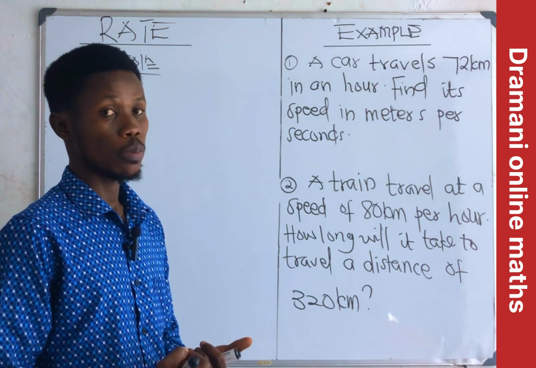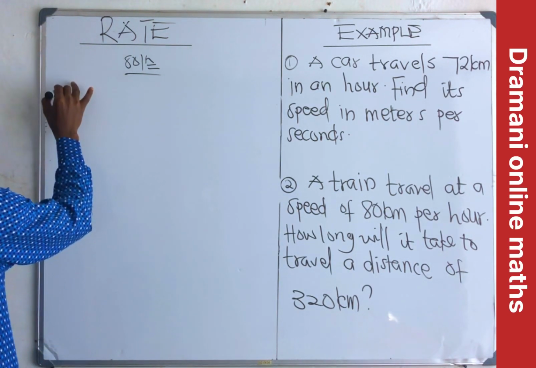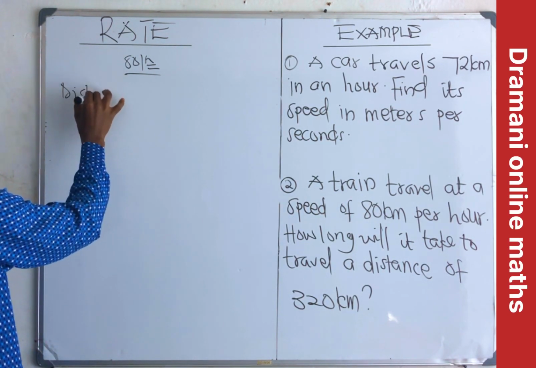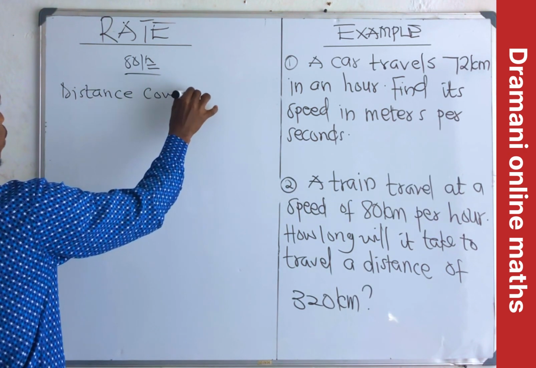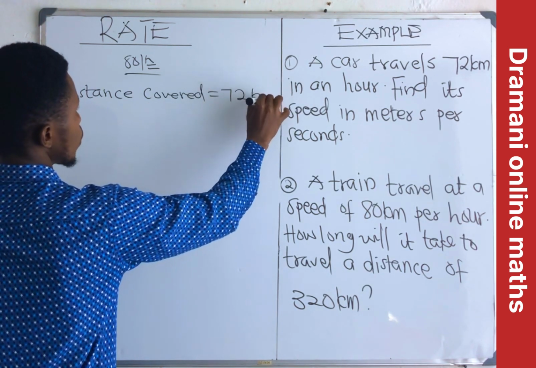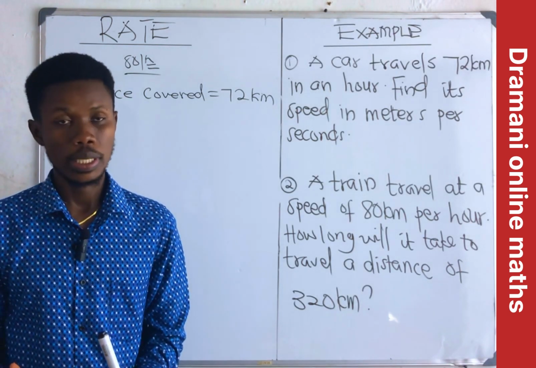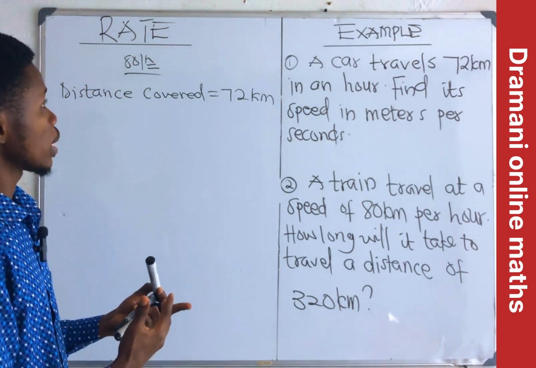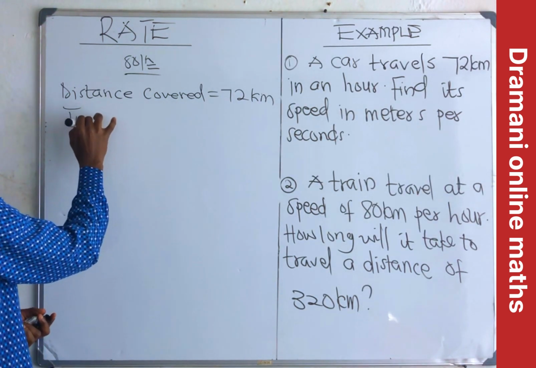So let's put down the data. The distance covered is 72 kilometers. Now, in an hour, that is the time taken to cover that distance.